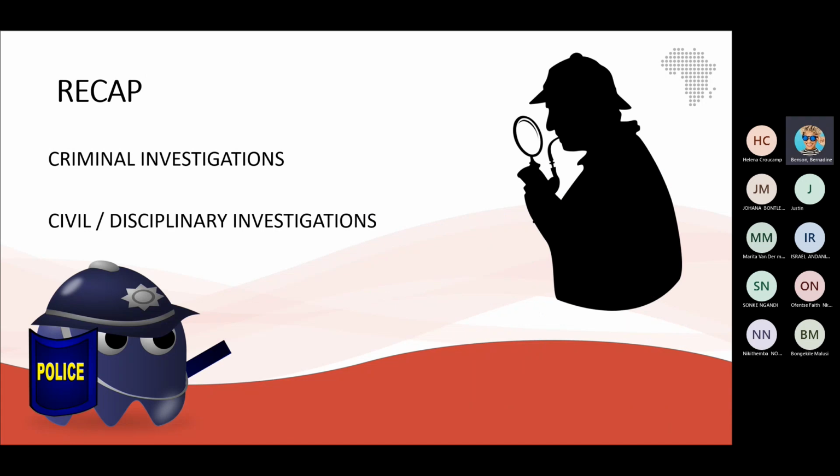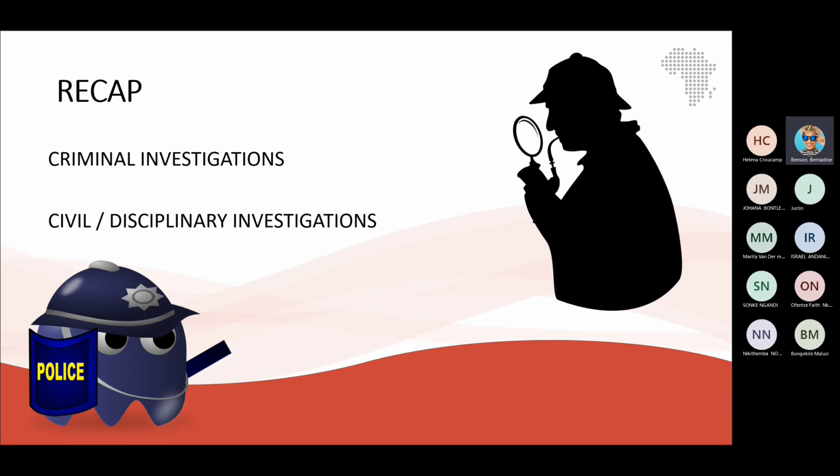So let's recap quickly. We've dealt with criminal investigations. These are done by the SAPs and other investigators. You may only investigate something that has already been declared a criminal offense in law, and the standard of proof is beyond reasonable doubt.